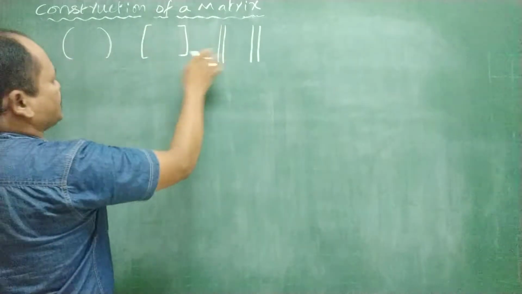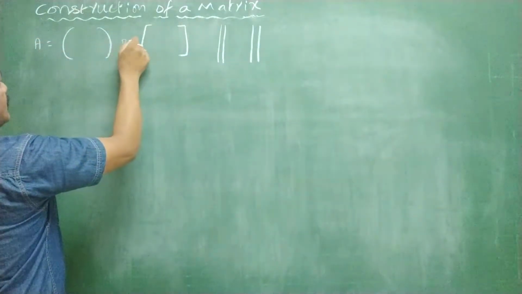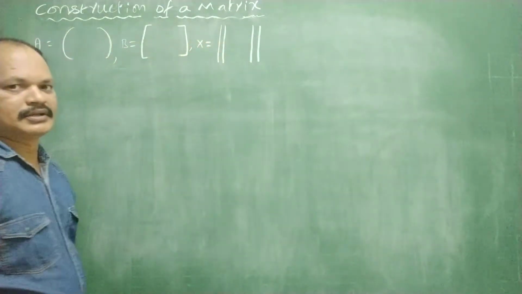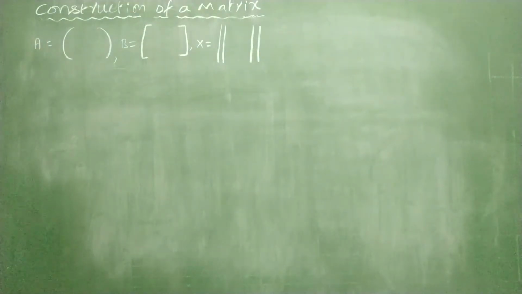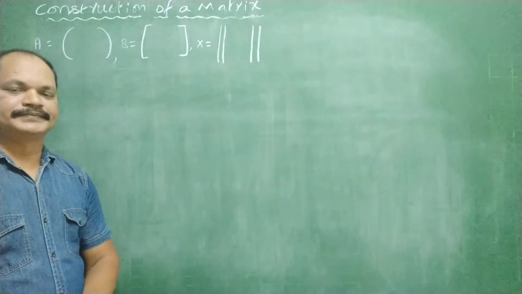A matrix is represented by capital letters, A, B, capital letters.